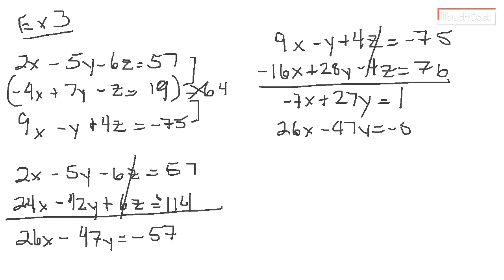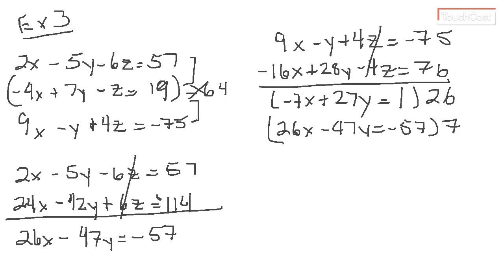equals negative 57. We can choose to eliminate the x or the y. In this case, I'm going to do the x's, but you can go ahead and do the y's. They both have one that's positive, one that's negative. So to eliminate my x's, I'm going to multiply the entire first equation by 26 and the second one by 7.